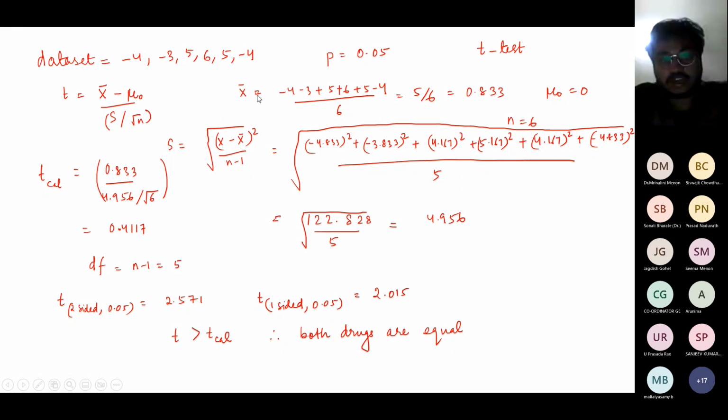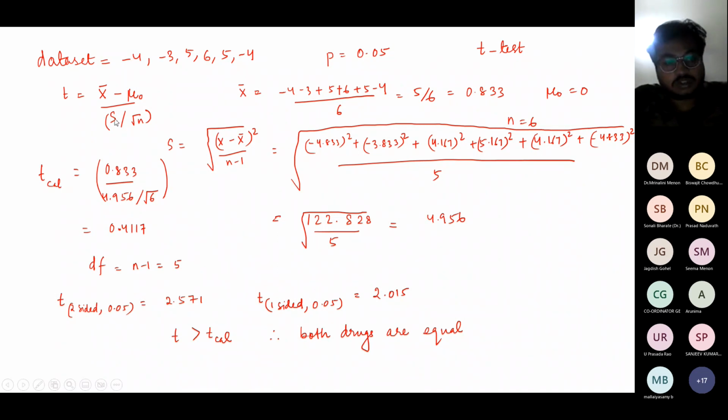X bar is calculated as the mean of the data set, which is quite straightforward. You just add all the numbers and divide by n, which comes out to be 0.833. Mu naught will be 0 because we are comparing this to a distribution with a mean of 0. So we are comparing the difference distribution with a distribution which has a mean of 0 and a standard deviation of 1.